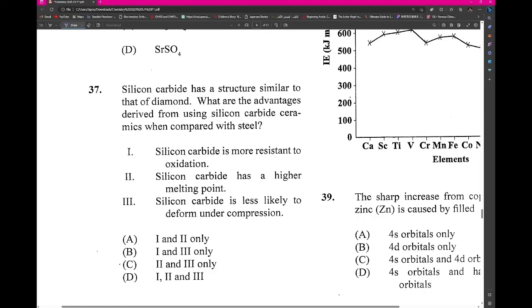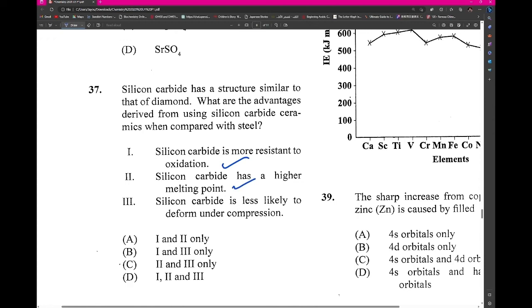We're seeing that it's a little more resistant to oxidation than steel itself. Okay, should be fine there. Silicon carbide has a higher melting point than steel, should be fine.